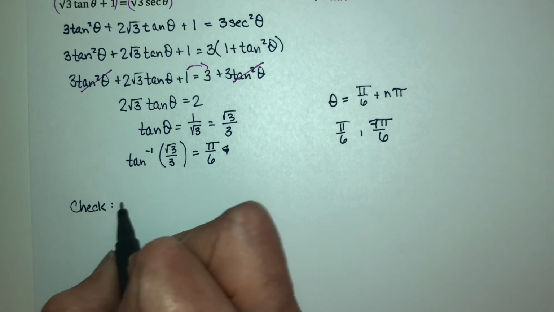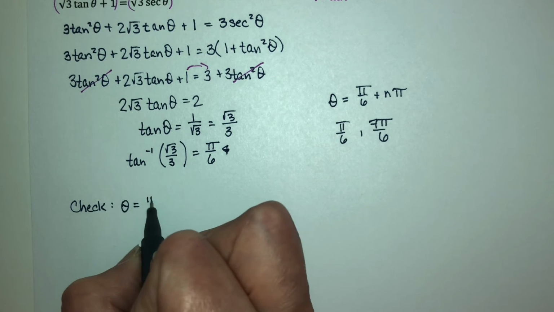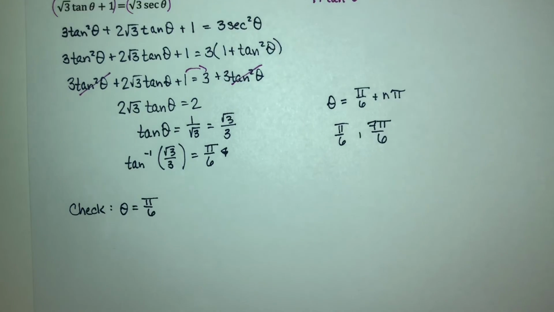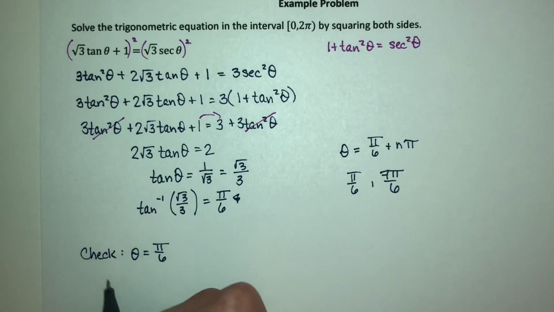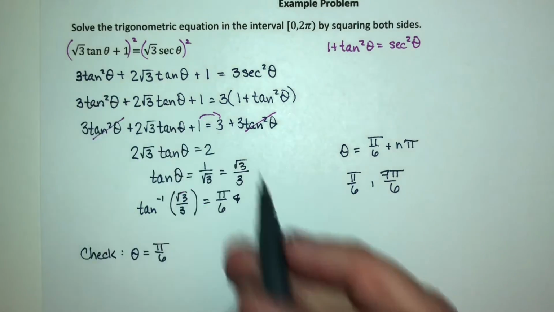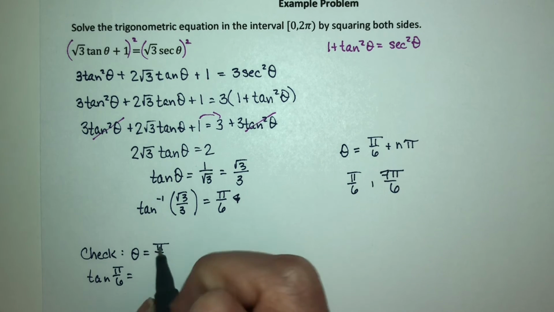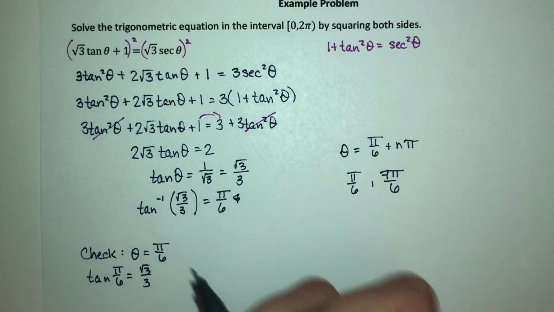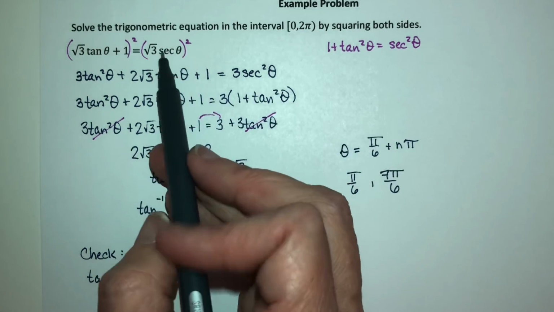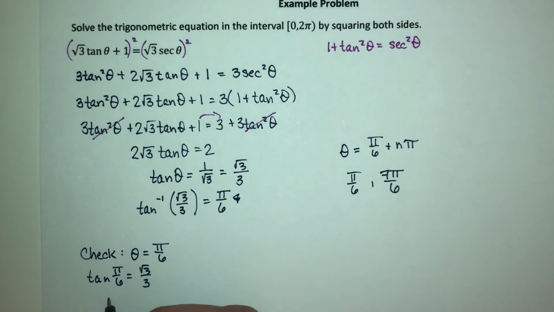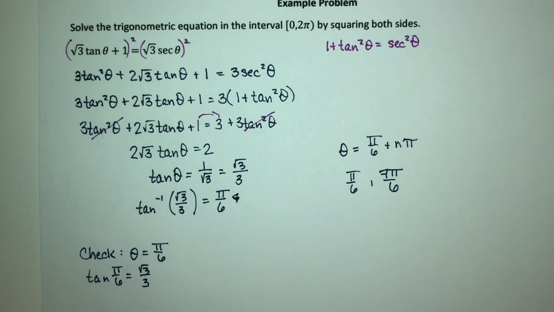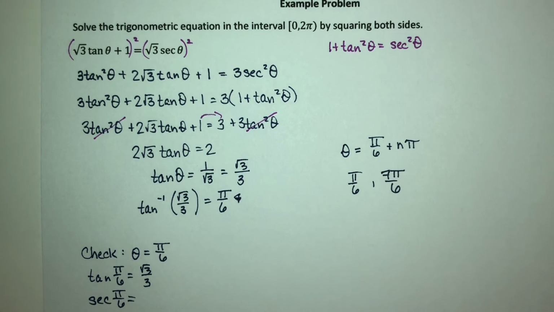So let's check. If our theta is equal to pi over 6, then we have, well, tangent, I'll go ahead and undo this. Tangent of pi over 6 is square root 3 over 3. And I need to figure out secant of that, which means finding cosine of that. But secant of pi over 6 is the reciprocal of cosine of pi over 6.